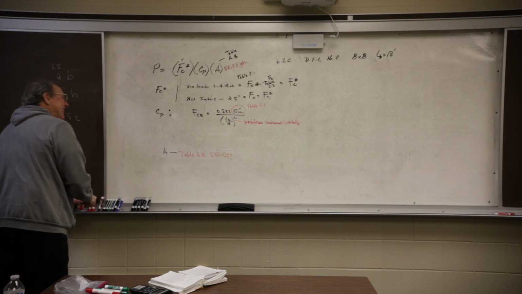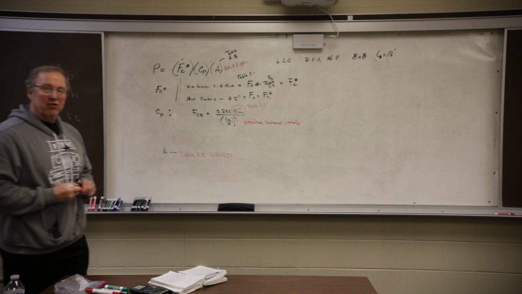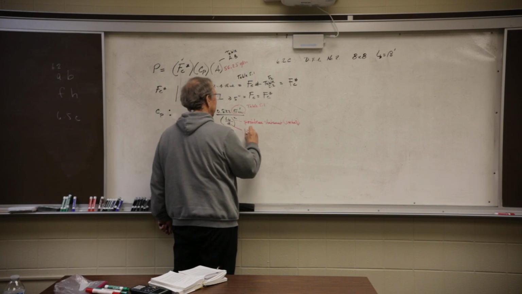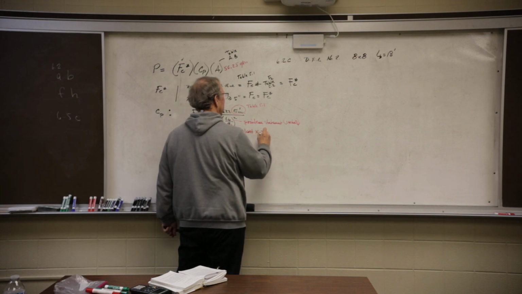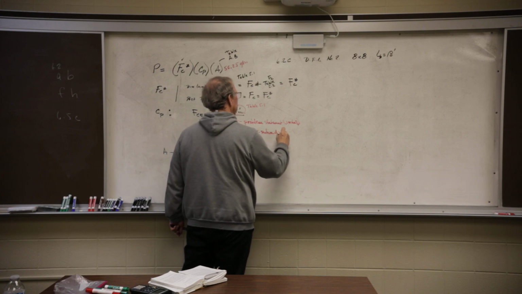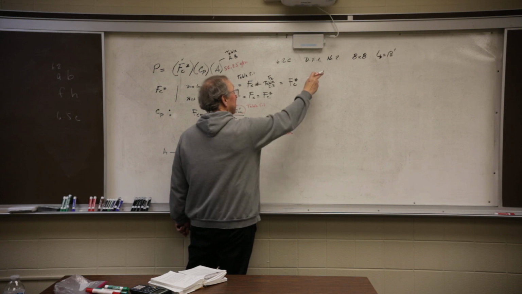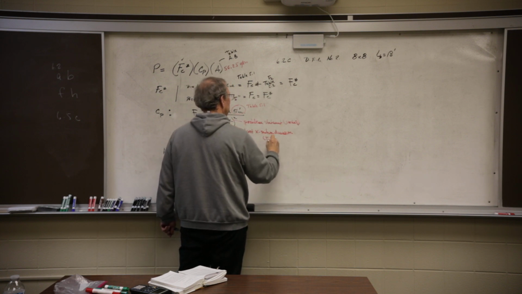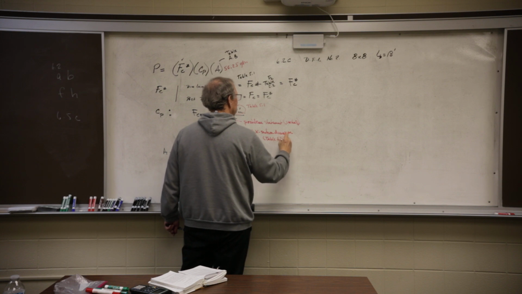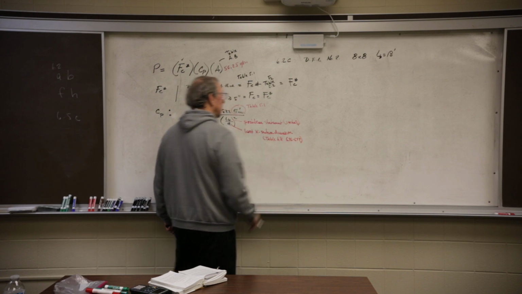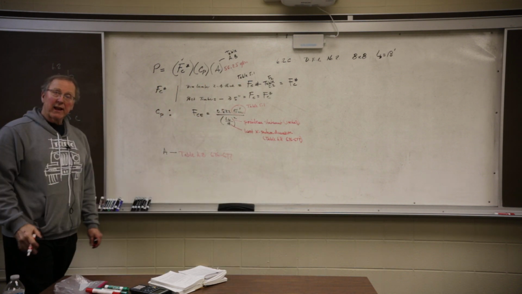D is the least dimension of the cross section. And where do you get it? Well, you find the member in the problem statement, but you have to go to table A8, 676, 677. So if it's an 8 by 8, you'd look at it.